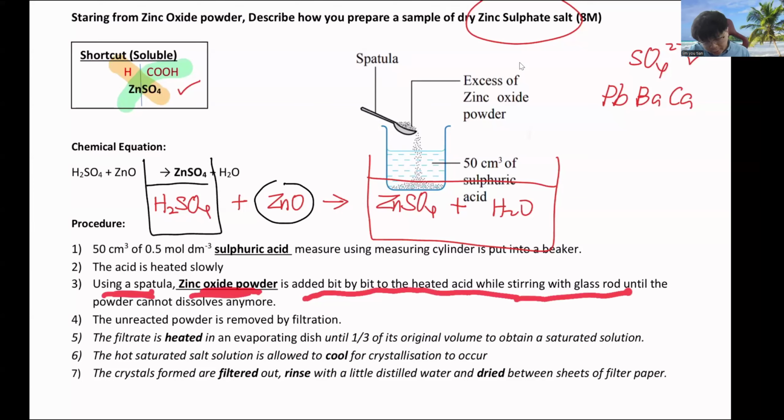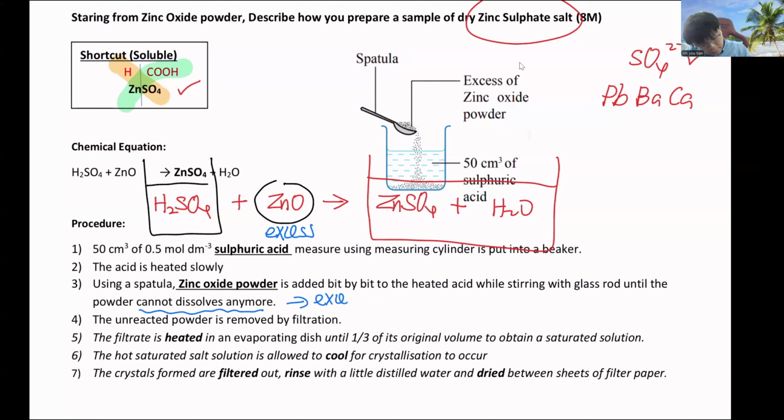while stirring with a glass rod until the powder cannot dissolve anymore. It means that I want to add my zinc oxide to excess, because cannot dissolve anymore means excess. Why excess? To make sure there's no more acid. Add the zinc oxide until no more dissolves, which means no more acid. Why no more acid?